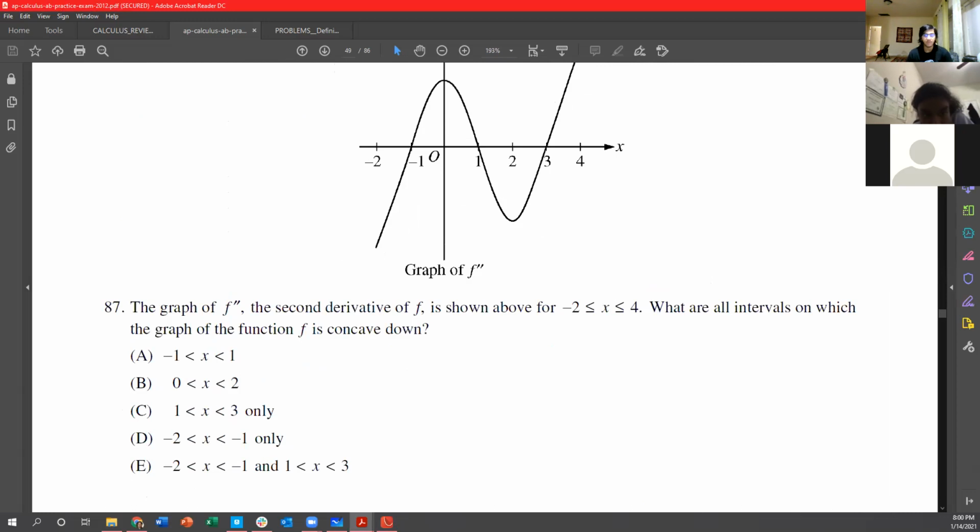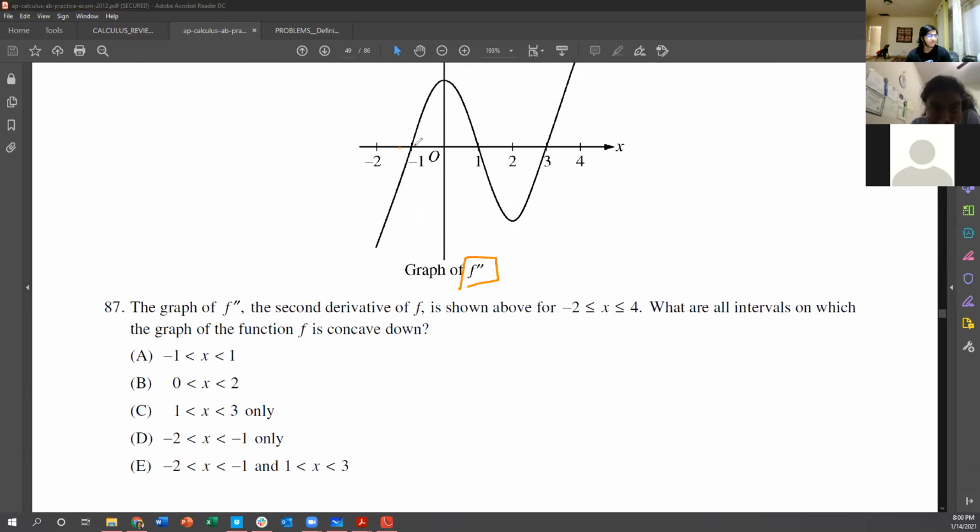Since this is f double prime, we know it's negative on this interval and on this interval. So 1 to 3 and -2 to -1. E, correct? Okay.